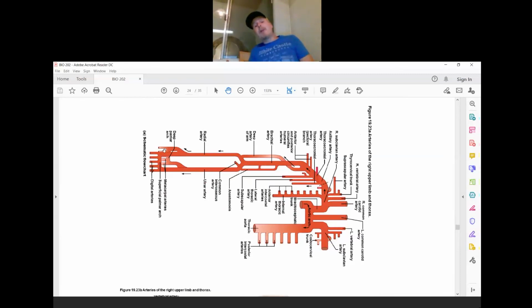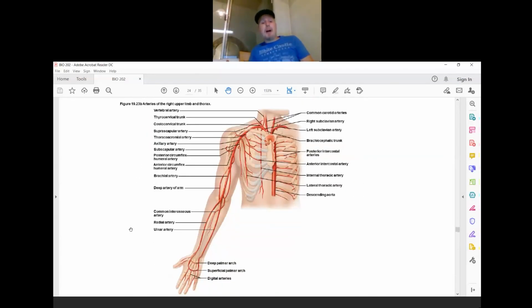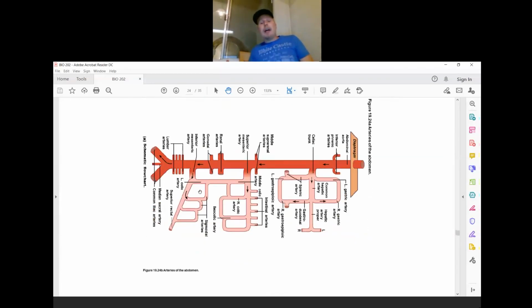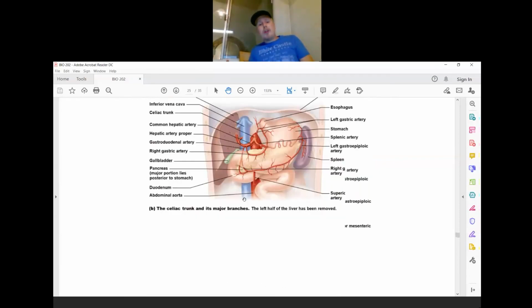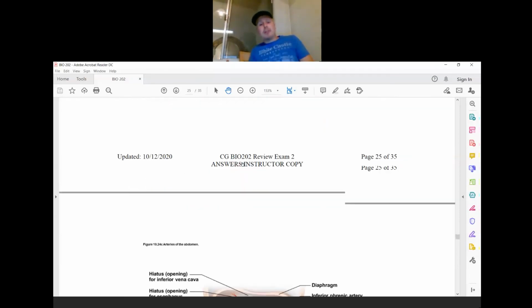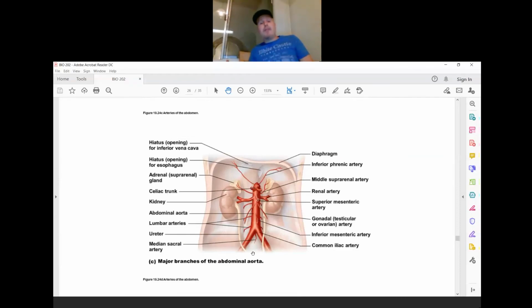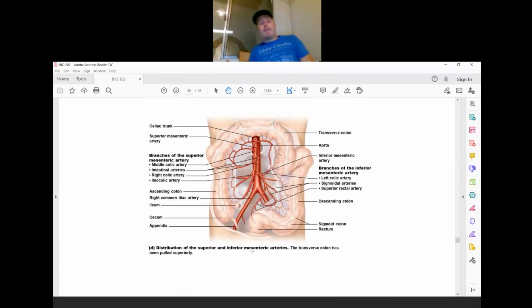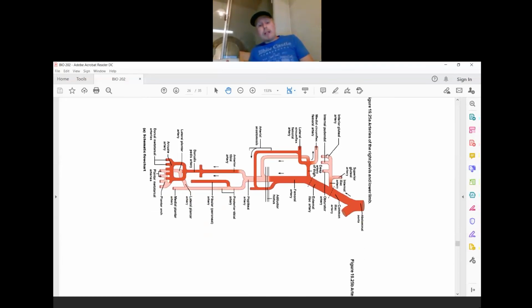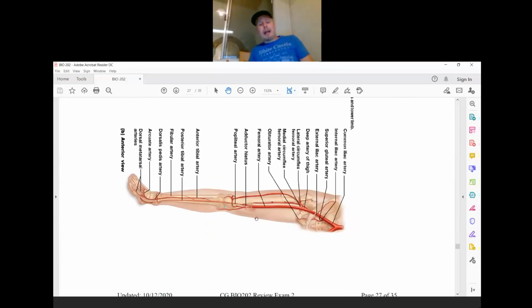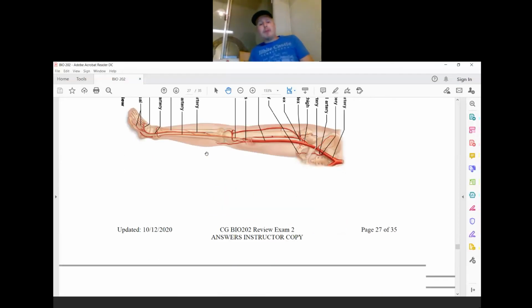Here I have the upper limb schematic diagram, followed by a more anatomically correct diagram. I have similar for the abdominal region, and again, a more anatomical diagram on a few different levels for the abdomen. Same thing for the lower limb schematic, followed by an anatomically correct view.